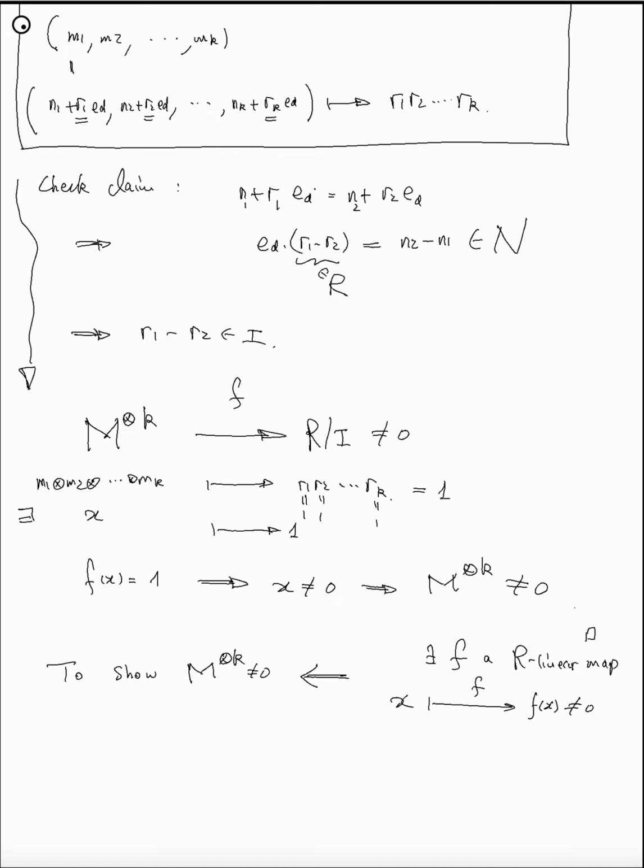If you could construct an R linear map that has a non-zero image, then it's okay. And then it reduces to constructing a bilinear or multilinear map such that f(x) is not 0, right? I would say this is very tricky in my sense.